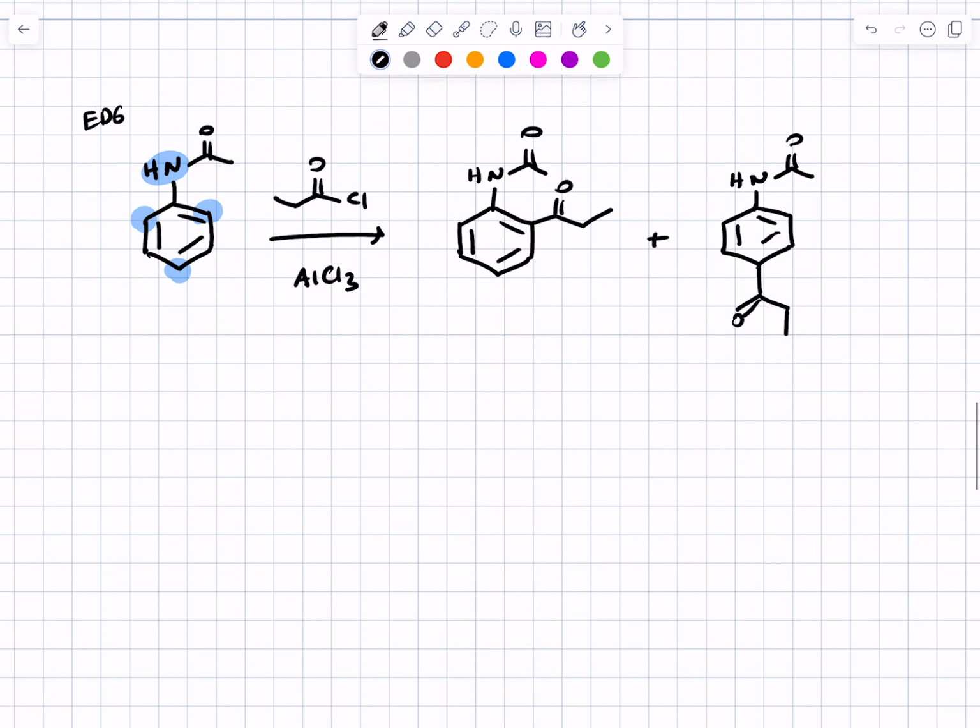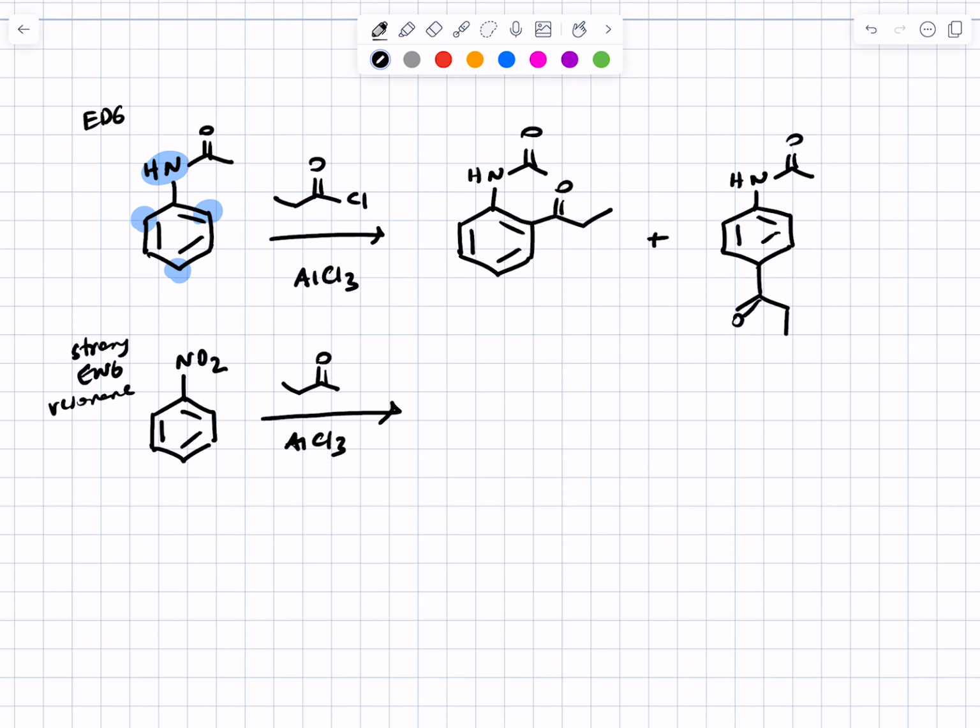Okay. This is a decent time to talk about some limitations to the Friedel-Crafts reaction, because it turns out that if you already have a strong electron withdrawing group on the ring, that is a resonance electron withdrawing group, and you attempt to do the Friedel-Crafts reaction, you don't get anything.